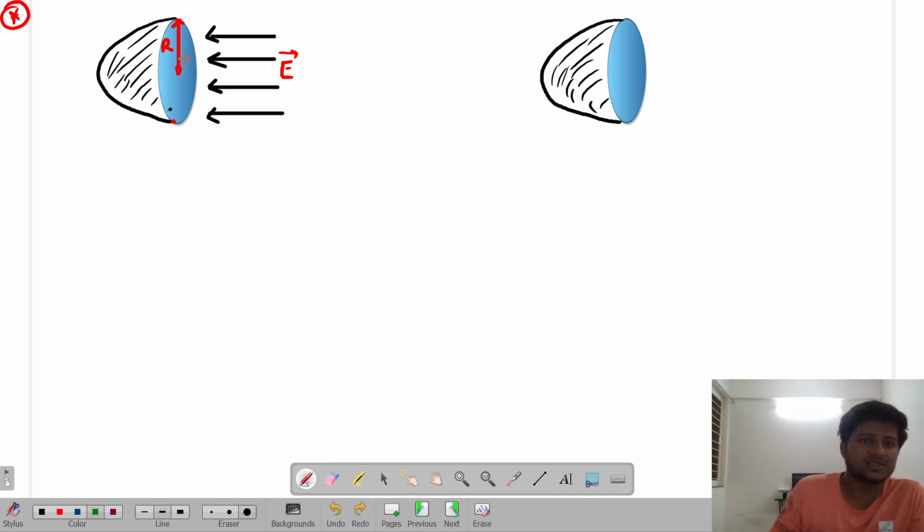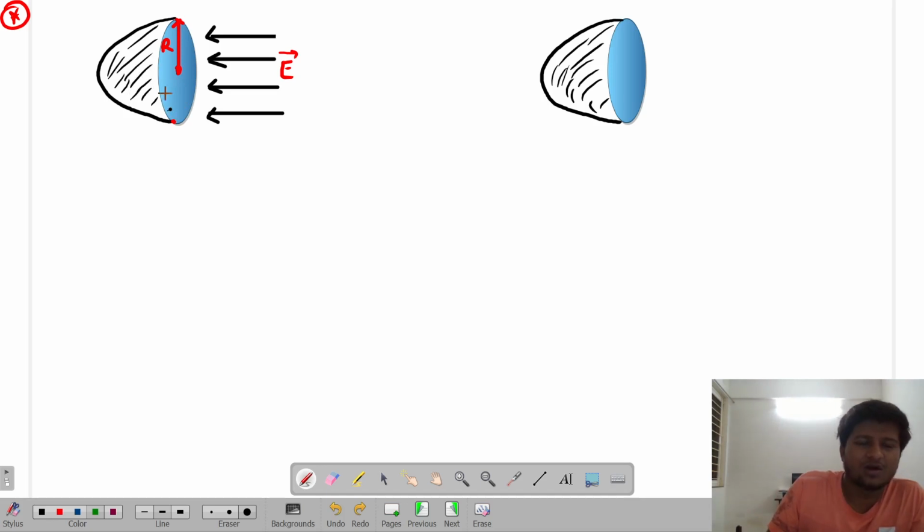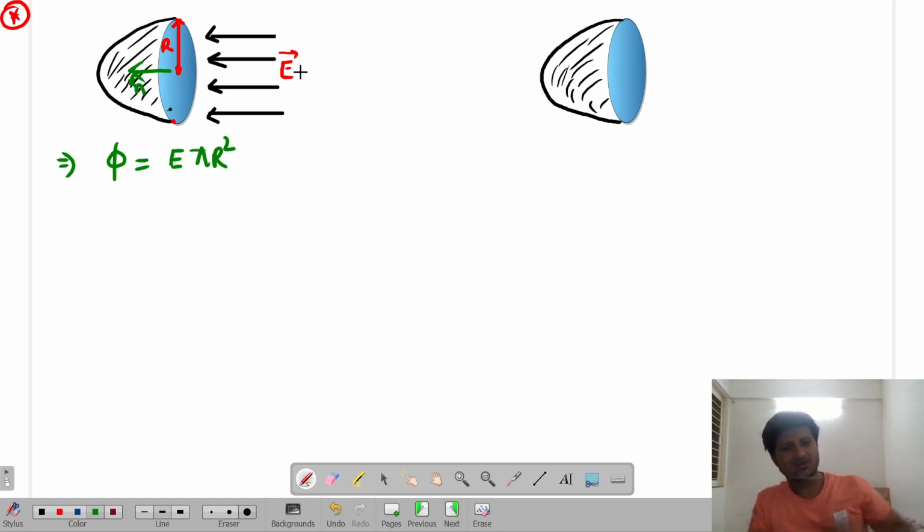Now for this surface I need to consider the normal, and it is a hollow hemispherical bowl, not a solid sphere. So the normal can be along this direction. The flux is simply E into area, which is pi r square. I'm considering the normal along the same direction as the electric field, so it is E into pi r square. I have to consider only one normal.